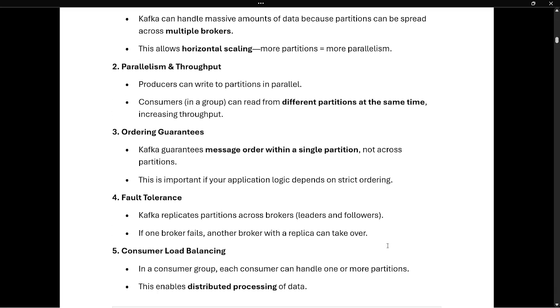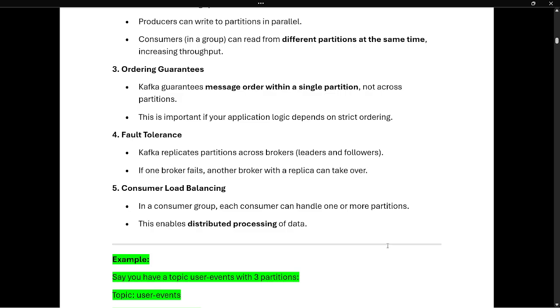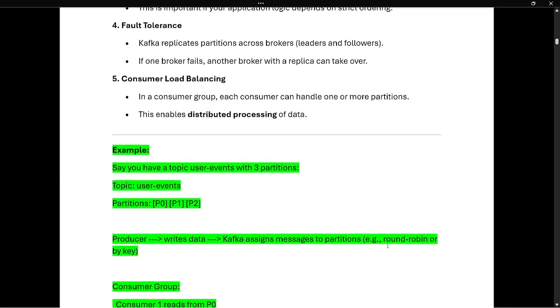Kafka replicates partitions across brokers, so if one broker fails, another broker with a replica can take over. Then we have the load balancing feature also. In a consumer group, each consumer can handle one or more partitions. This enables distributed processing.